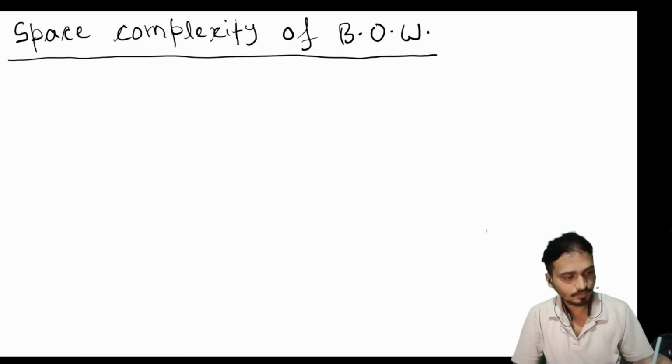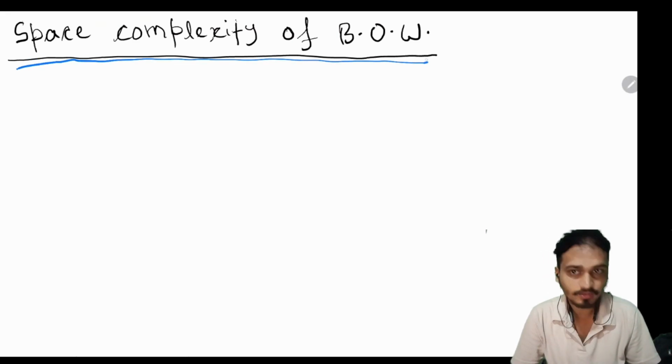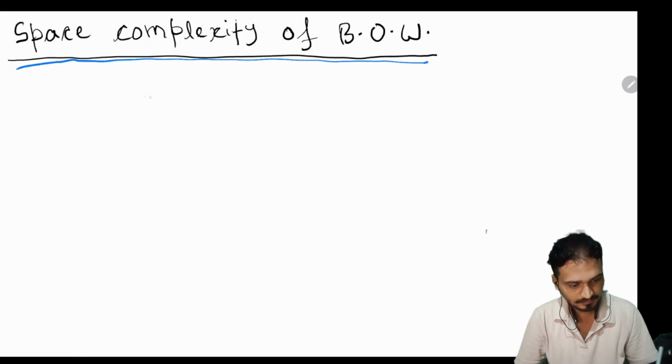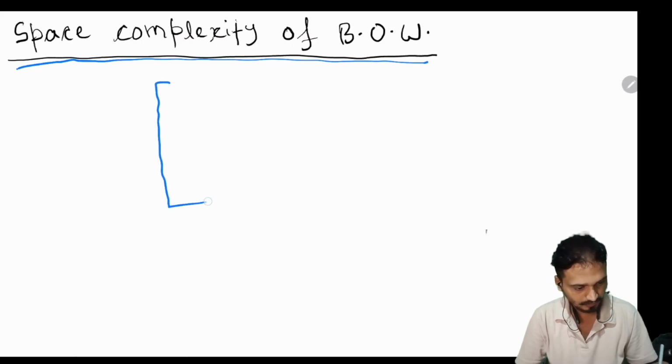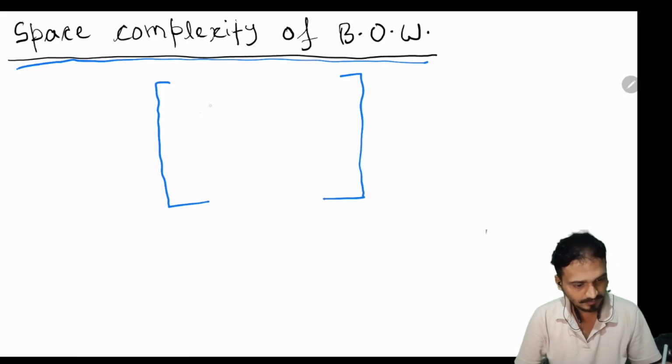I welcome all of you over the whiteboard. Here we will study space complexity of bag of words. Before continuing, let's first make a matrix representation of all of the data. Let's say here we have some reviews.